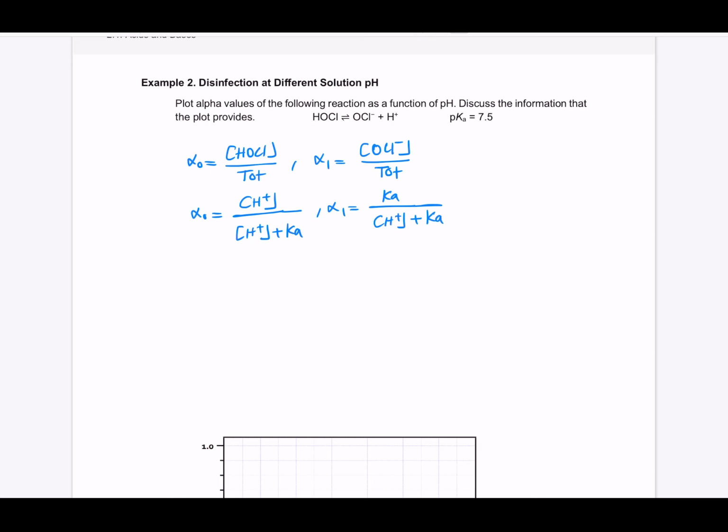So here what we're going to do is change H plus, which is our x-axis.